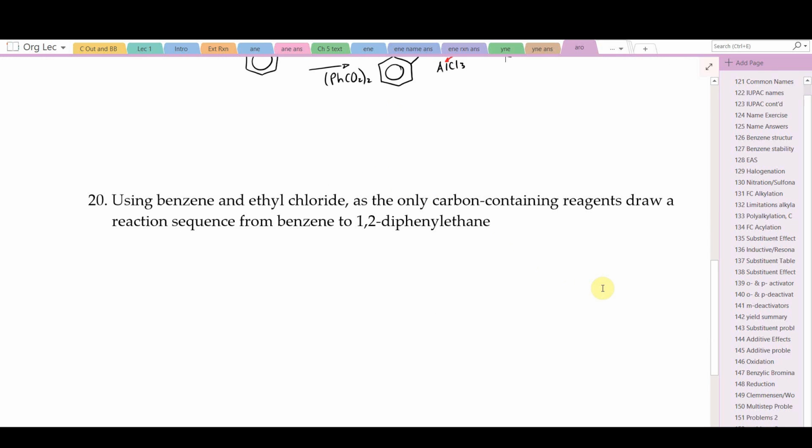So last one, number 20. Using benzene and ethyl chloride as the only carbon-containing reagents, draw a reaction sequence from benzene to 1,2-diphenylethane. Let's draw this out and see what we're looking at here. Benzene.